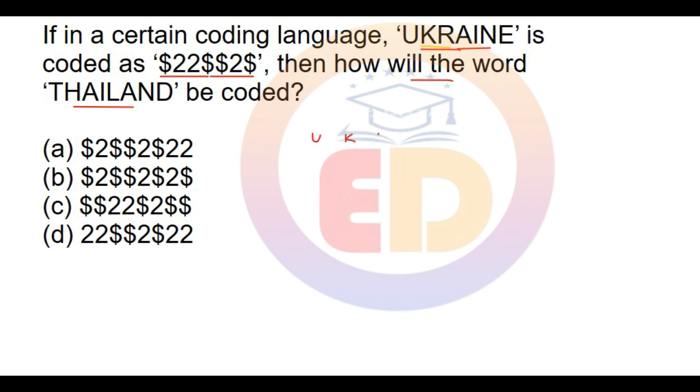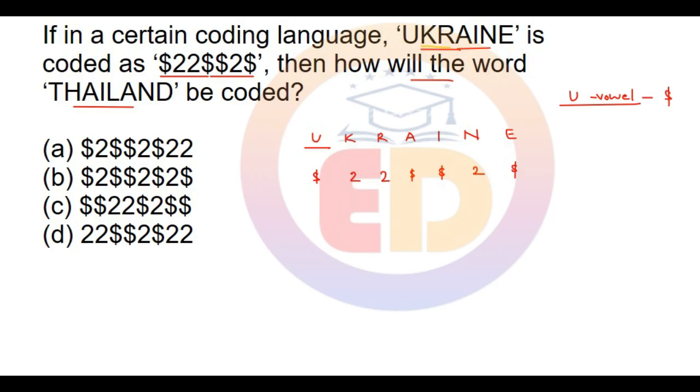Let's write down. Ukraine is coded as $2 $2 $ 2 $. Now let us understand this code pattern. Here U is a vowel, and a vowel is coded as a dollar symbol.